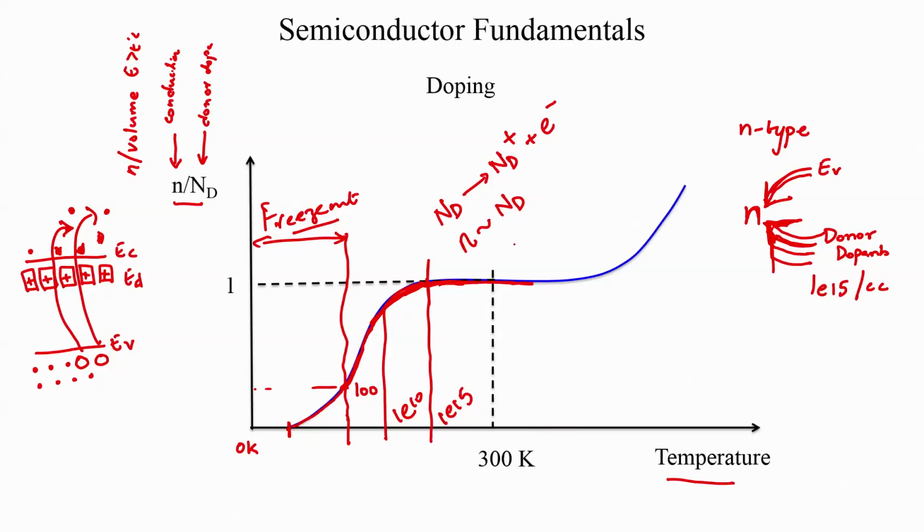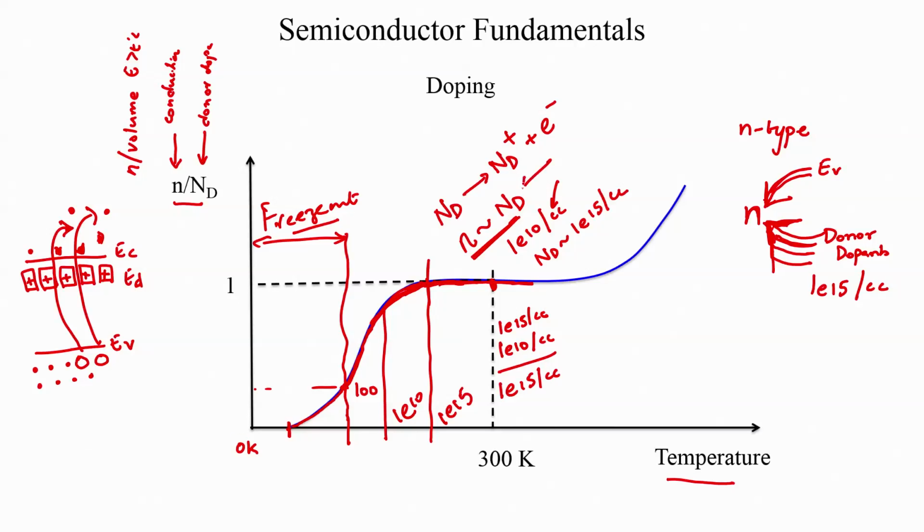So, if the intrinsic carrier concentration was say 1E10, that is without doping, and the donor concentration is 1E15, this N is now going to match Nd, because the contribution from the valence band states at say T equal to 300 Kelvin is 1E10. So, 1E10 of these came from valence band states, 1E15 came from the donor states, and the summation is close to 1E15. 1E10 is 5 orders of magnitude less than the donor contribution, and therefore, N is approximately Nd.